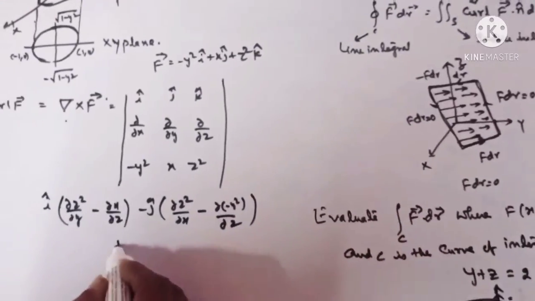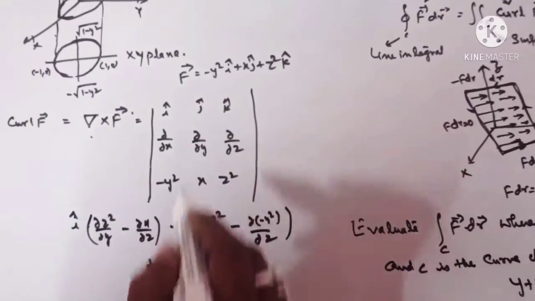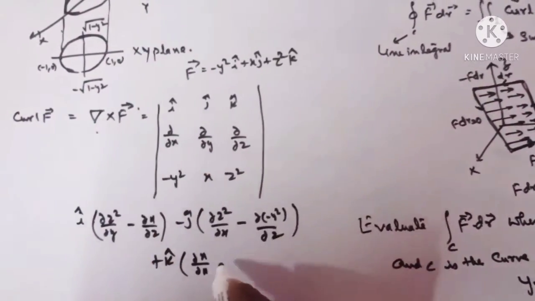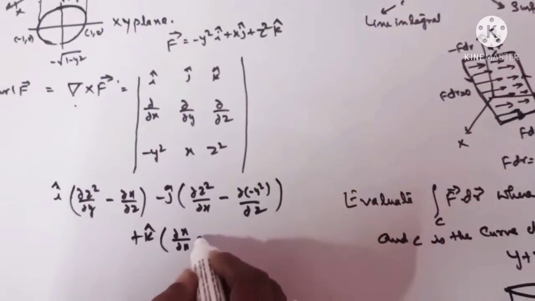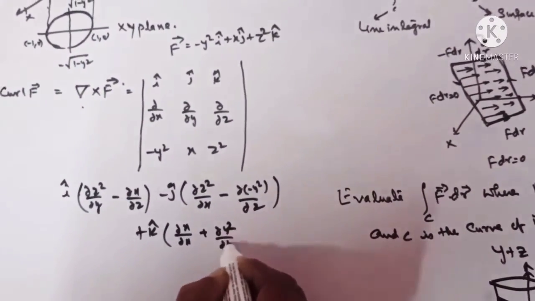And the last, your k cap, it will be del x by del x, and minus and minus will be plus, del y square by del y.